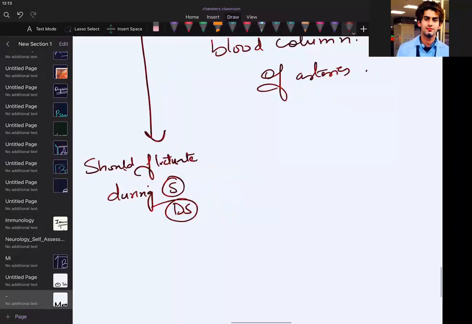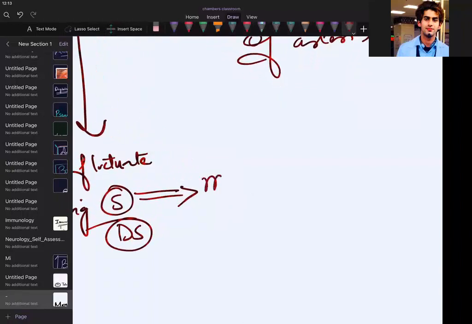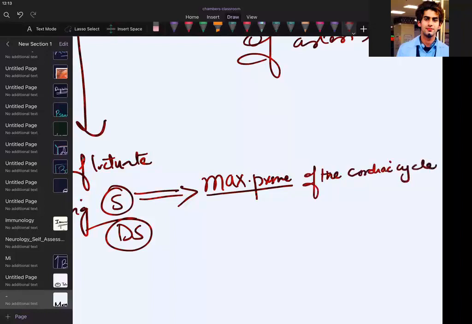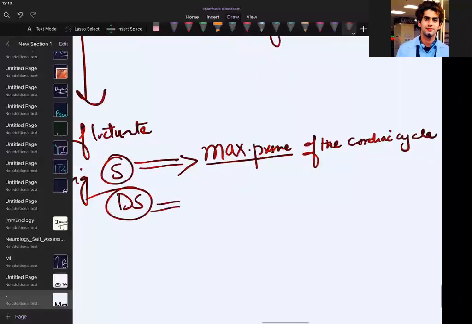Now what is systolic blood pressure? Systolic blood pressure is defined as the maximum pressure of the cardiac cycle. While diastolic blood pressure is defined as the minimum pressure of the cardiac cycle, which you can record.